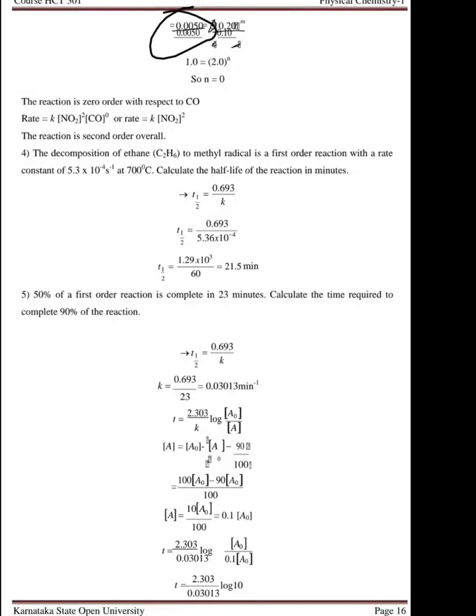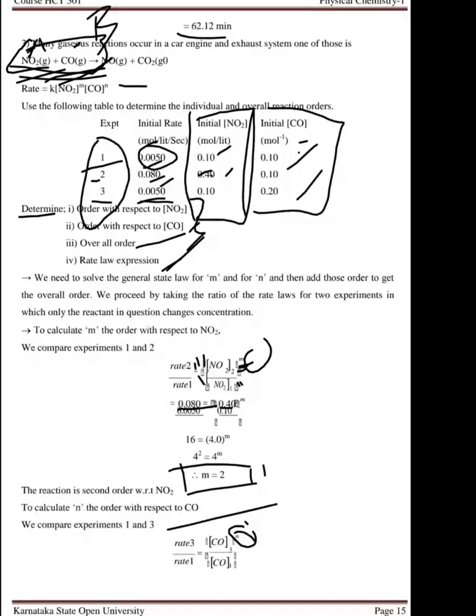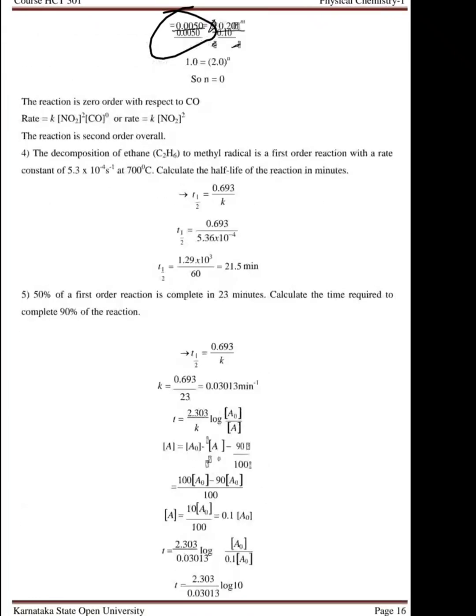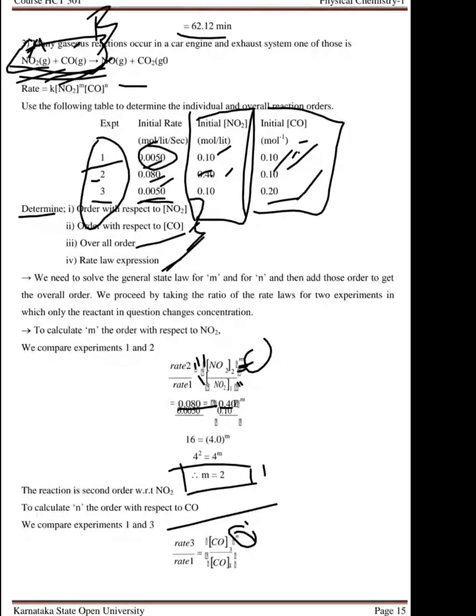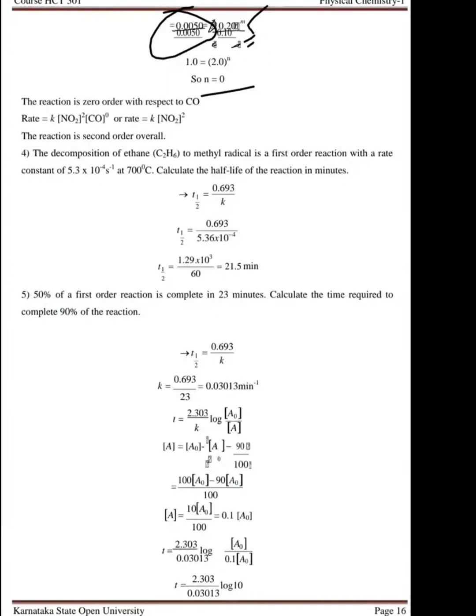And on the right-hand side, the initial concentration of carbon monoxide 0.20 divided by 0.10, the initial concentration in experiment one. So you will get n equal to 0. This is the order of the reaction with respect to carbon monoxide.